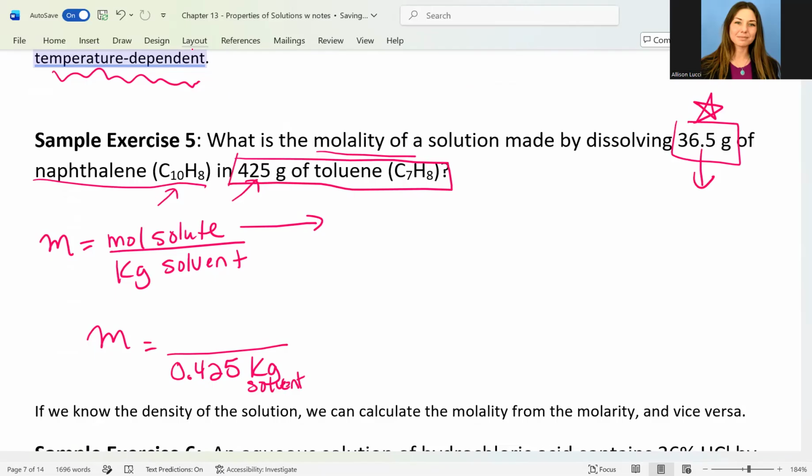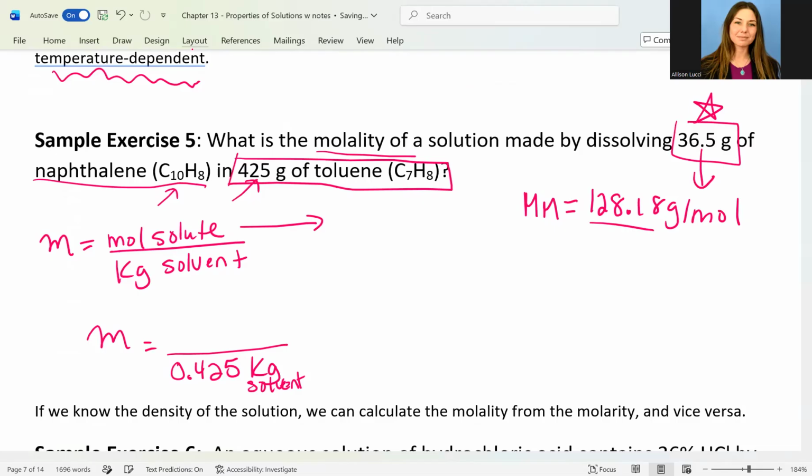All right, so we have to get from grams to moles of our naphthalene here. So you would be able to calculate the molar mass. Carbon is 10 times 12.01 plus 8.08. Our molar mass for C10H8 would be 128.18 grams per mole.